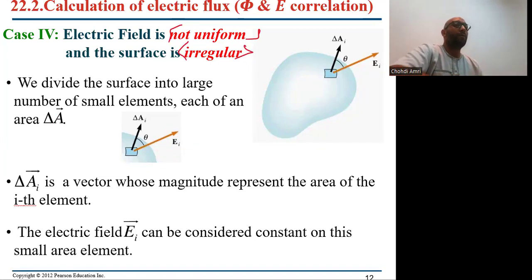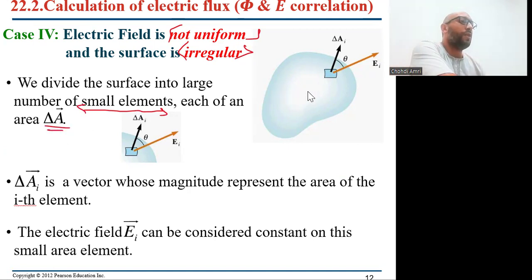What we're going to do is similar to what we did with the electric field produced by an irregular shape. We will divide the surface into a large number of small elements, each of an area delta A. We will divide this surface into small portions of area.